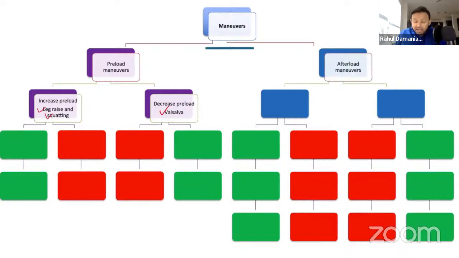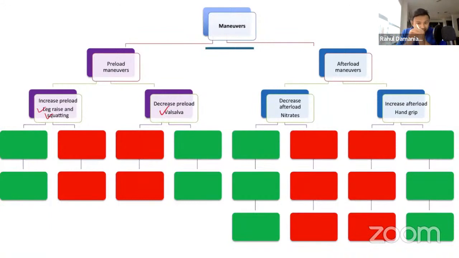Next, you are going to be talking about afterload maneuvers. Now, when it comes to afterload maneuvers, think about making your aorta either very tight or making your aorta very loose. So when you're making the aorta very loose, you are going to decrease afterload, i.e. decrease the resistance that is going to be at the aorta itself.